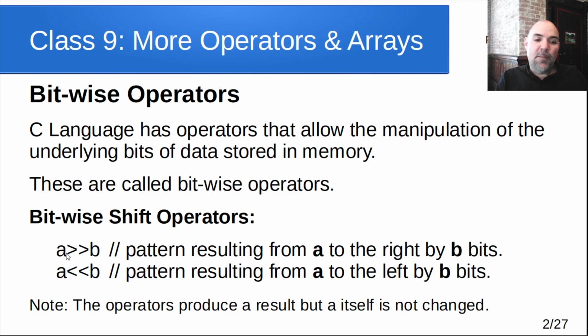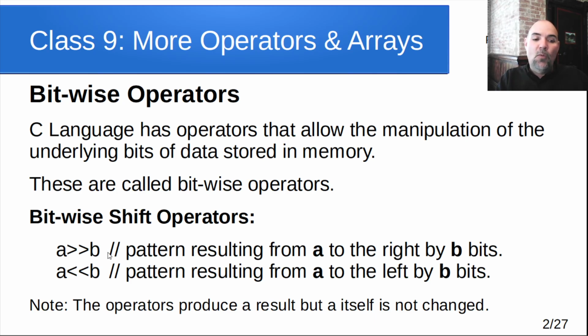So in other words, if I had a pattern of bits here, let's say it was, from your perspective, 0, 0, 0, 0, 1, 1, 1, 1. So we have that. And then we shift it 1 to the right. Then these all move over one position. So this 0 goes to that position, this one goes there, that one goes there, and the one that was here just goes off the end. So we would go from having that binary pattern 15 to having the binary pattern 7 by shifting one position.